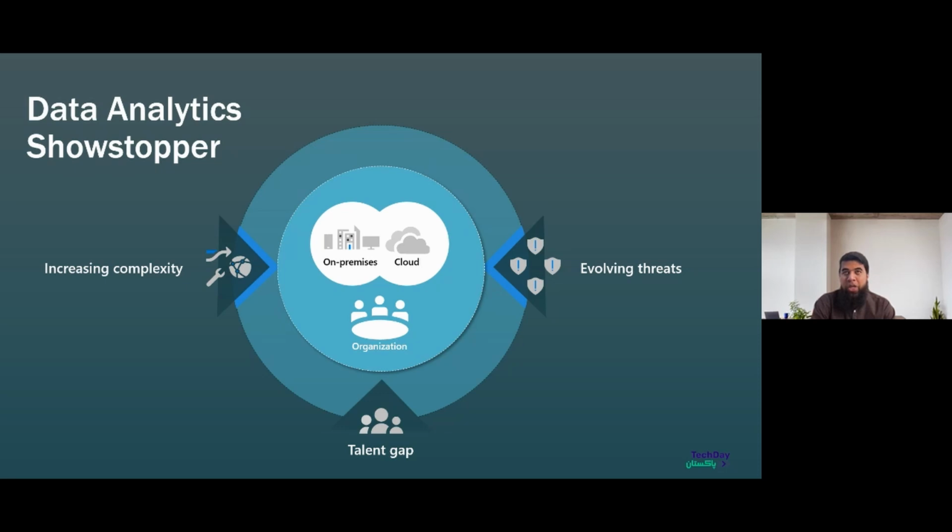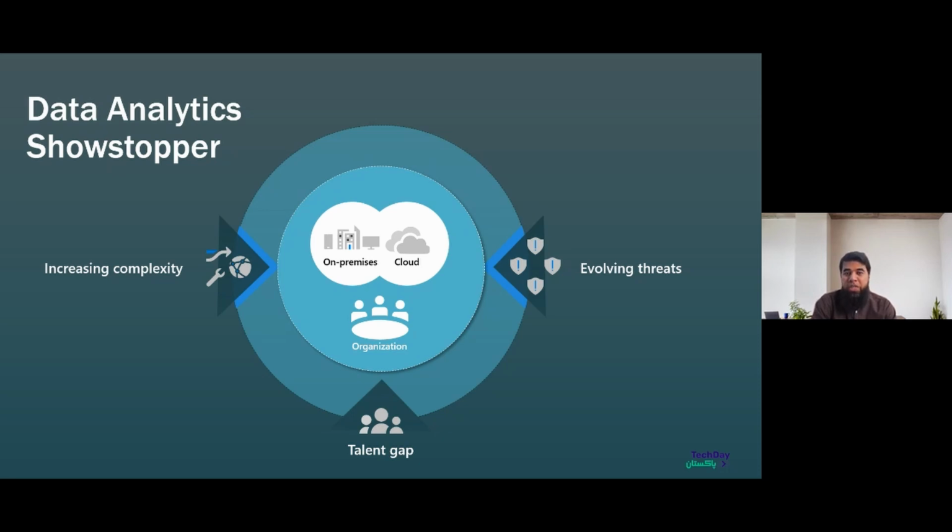Complexity has significantly increased, and this complexity is directly proportional with the talent gap and threats as well, because now we are operating in a more complex infrastructure, a more complex set of applications, in a more complex landscape, with multiple blends of applications, multiple types of data cubes available.